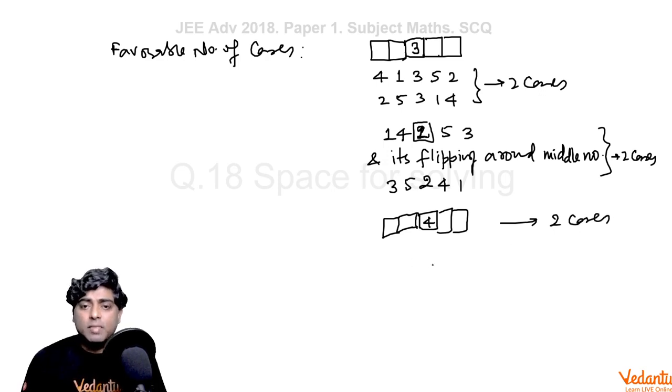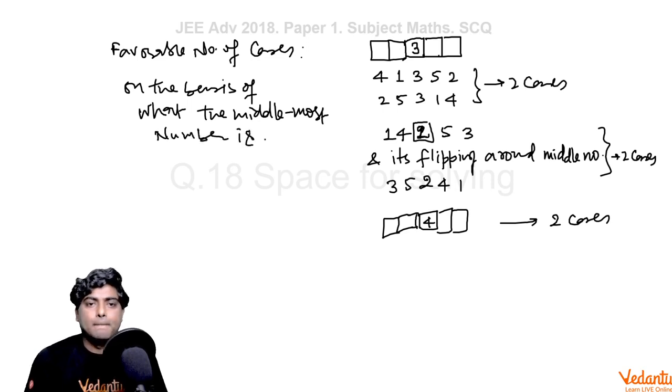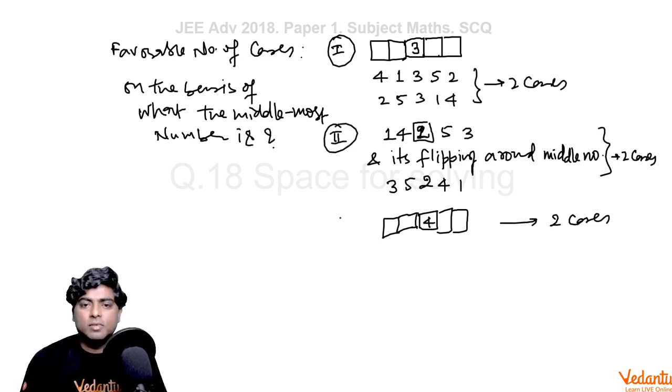Cases are made on the basis of what the middlemost number is. So when the middlemost number is 3, that is case number 1, case number 2 is middlemost number 2, case number 3 is middlemost number 4, similar as above.